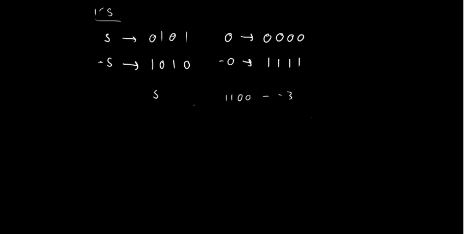Let's try adding this. 0, 1, 0, 1 and 1, 1, 0, 0. So 5 and negative 3, right? That would be 1, that would be 0, that would be 0, carry 1, that would be 0, carry 1. Again, funny thing is, my answer here is supposed to be 2. But I get a 1. So what you know is that they'll always be off by 1.